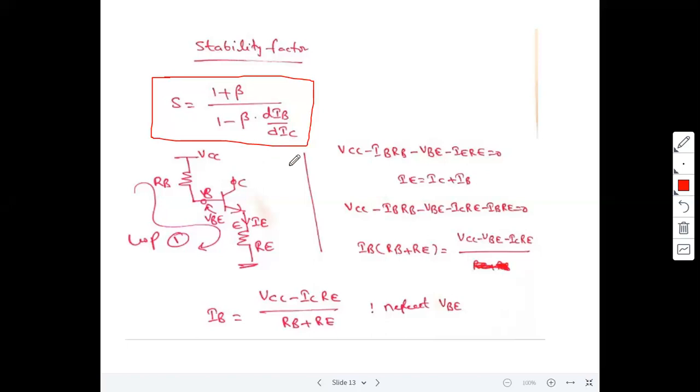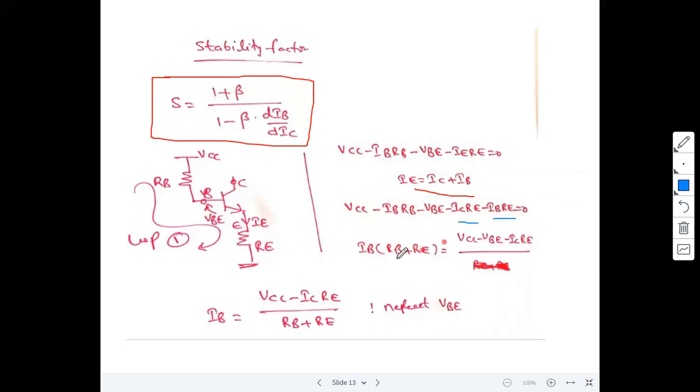Now apply KVL to this loop, same as what we saw previously in the input section. VCC − IB RB − VBE − IE RE is equal to 0. IE is equal to IC plus IB. Substitute here, where IE is replaced by IC RE and IB RE.